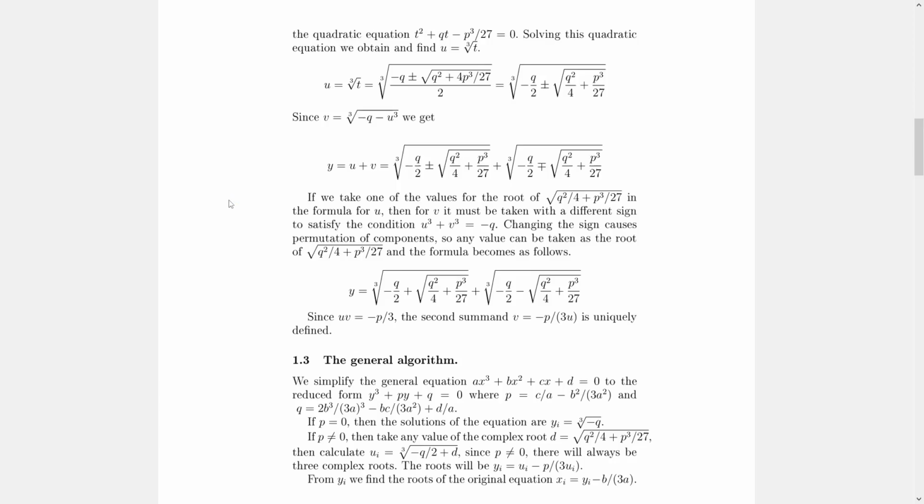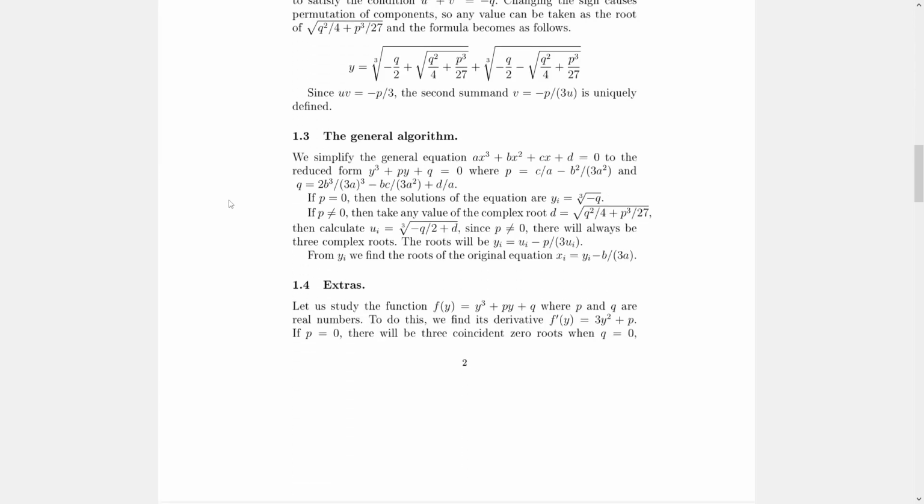Since u multiplied by v equals minus p divided by 3, the second summand v is uniquely defined.